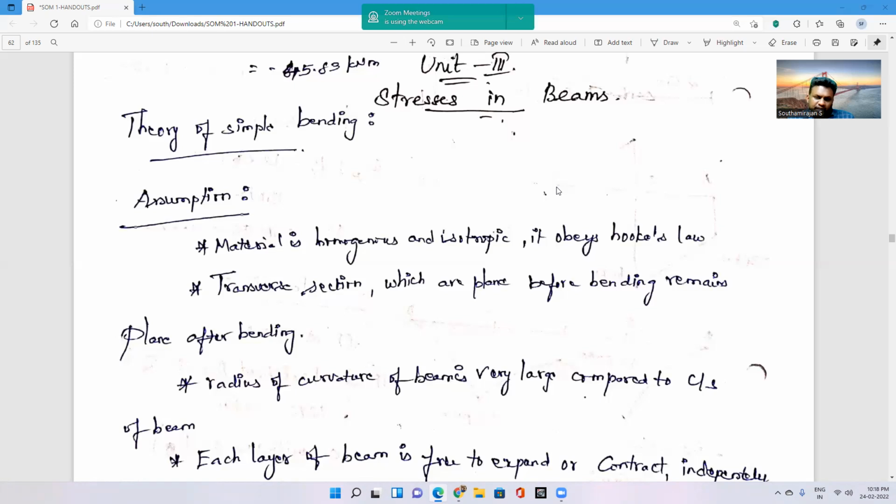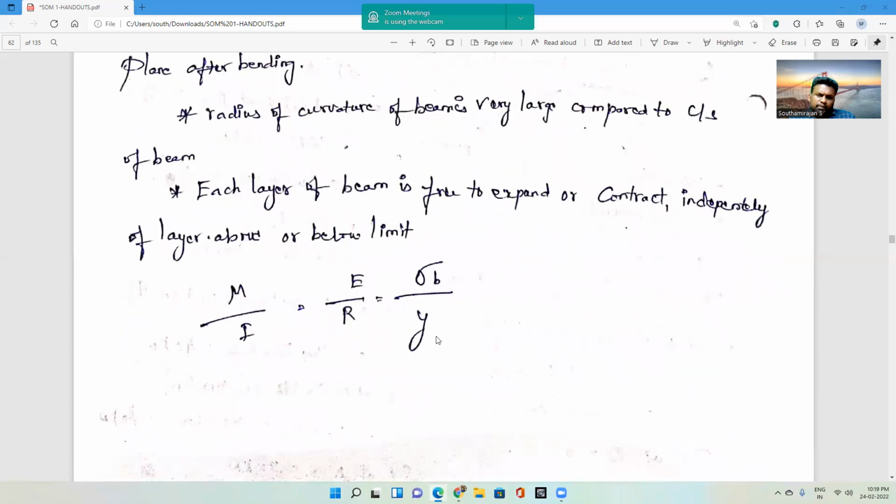As the bending of the beam occurs, the radius of curvature keeps increasing. Next, each layer of the beam is free to expand or contract. The beam comprises n number of layers, and it performs altogether as a uniform member.